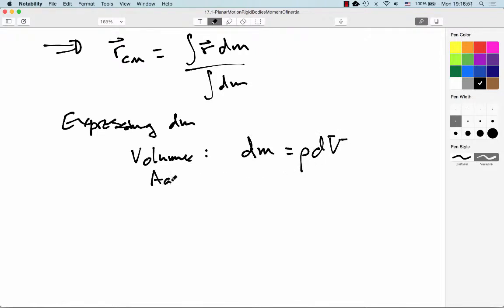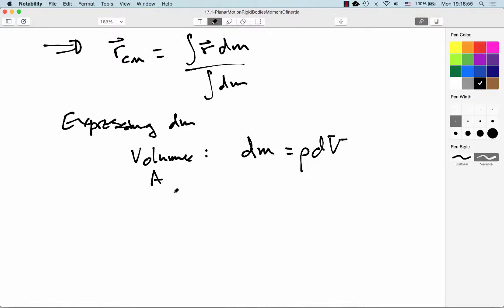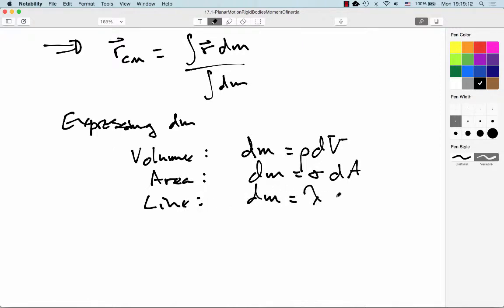Likewise, if it's an area, you would express your dm as a surface density times some differential of area. And finally, if it's on some sort of a line or a curve, you would express it as a linear mass density times some differential of length.